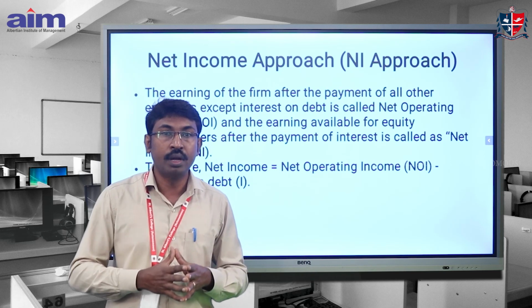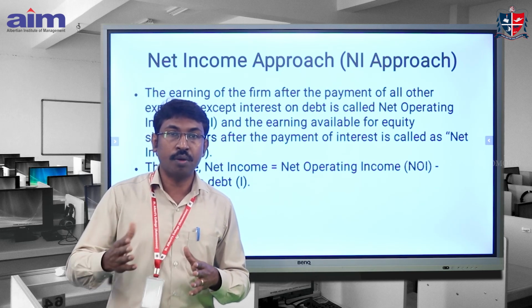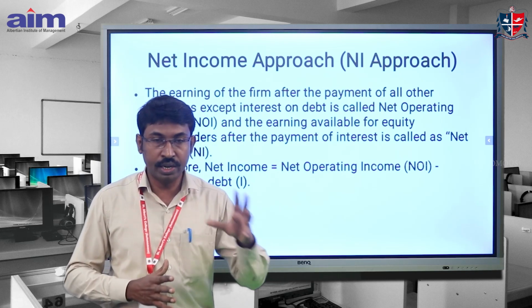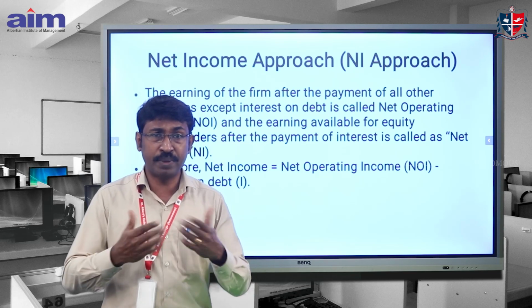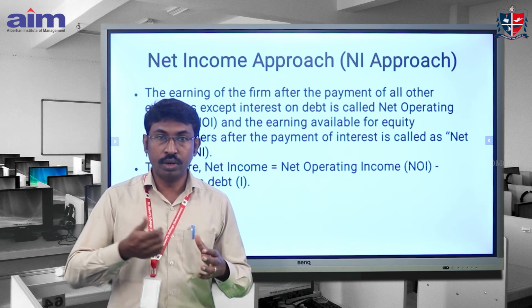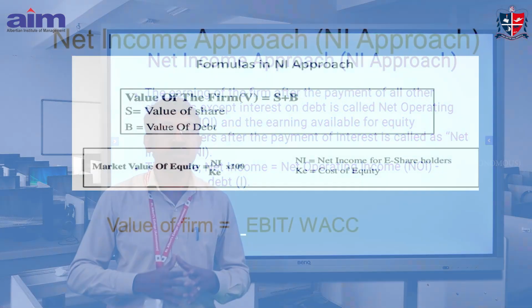What is operating income? Operating income means the income generated in the business before paying interest. That means total income minus all expenses except interest. That is net operating income. So if you deduct interest from net operating income, that gives you net income.